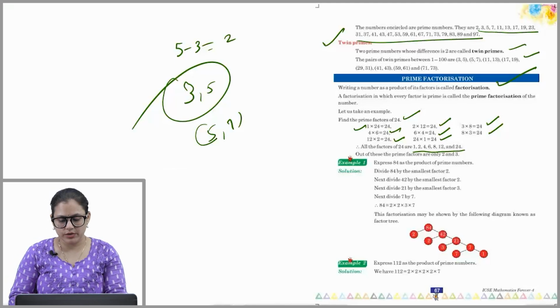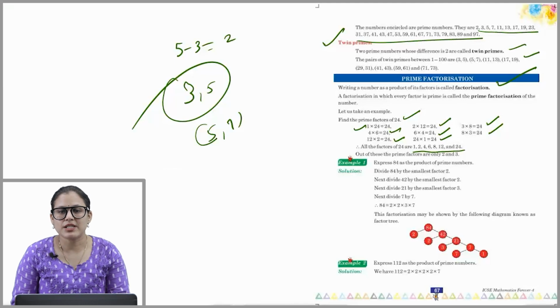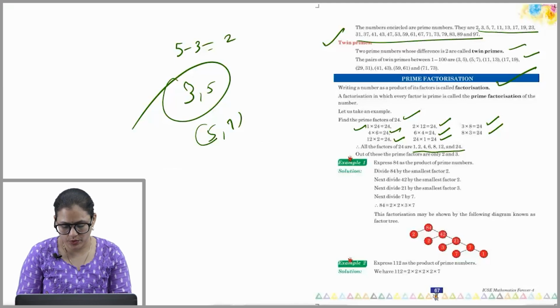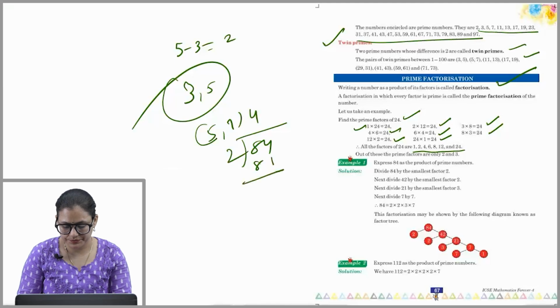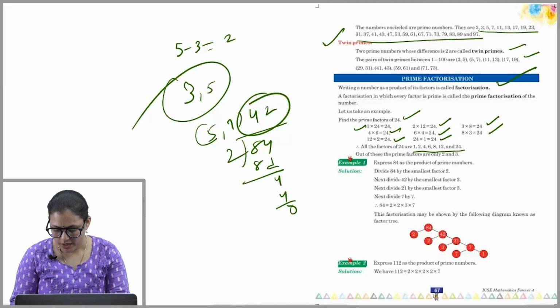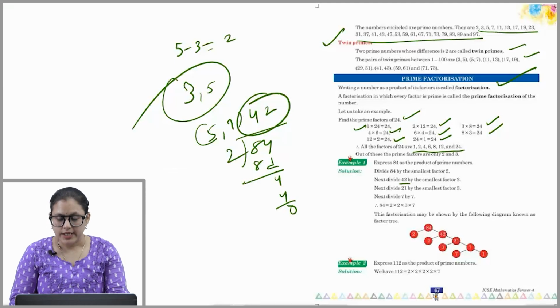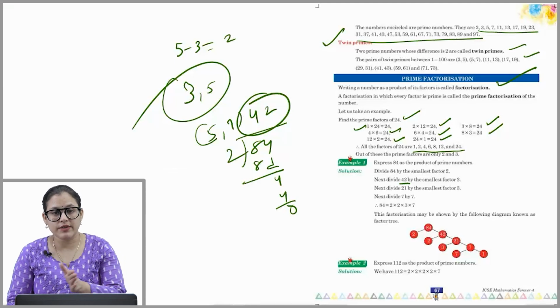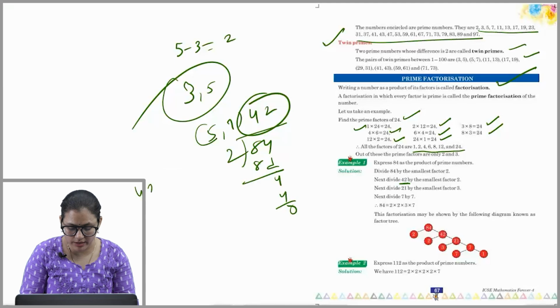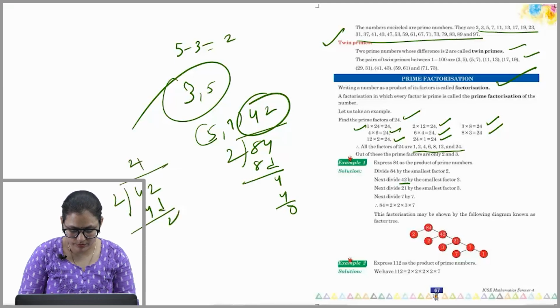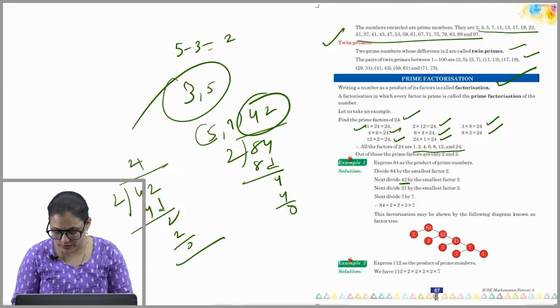You will divide 84 by the smallest factor 2. If you divide 84 by 2, you will get 42. Next, divide 42 by the smallest factor 2. Again, you will divide 42 by 2, and you will get 21.